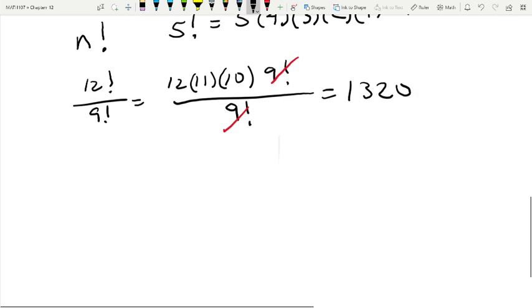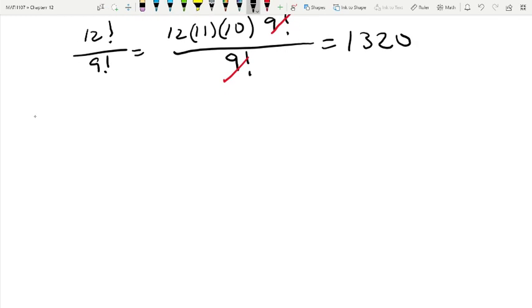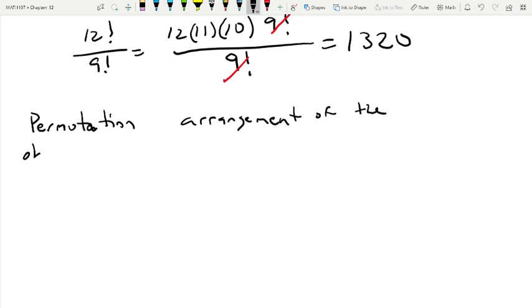So permutations and combinations. And so first off, permutations. So in permutations, you have that the arrangement of the objects is in a definite order.